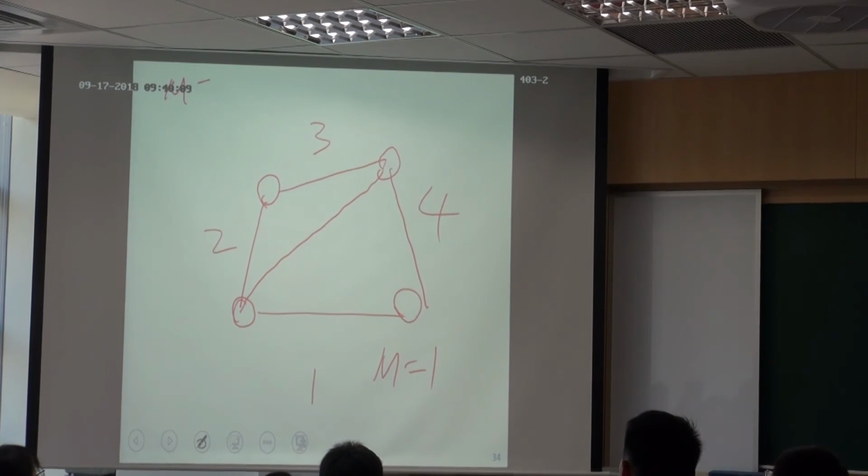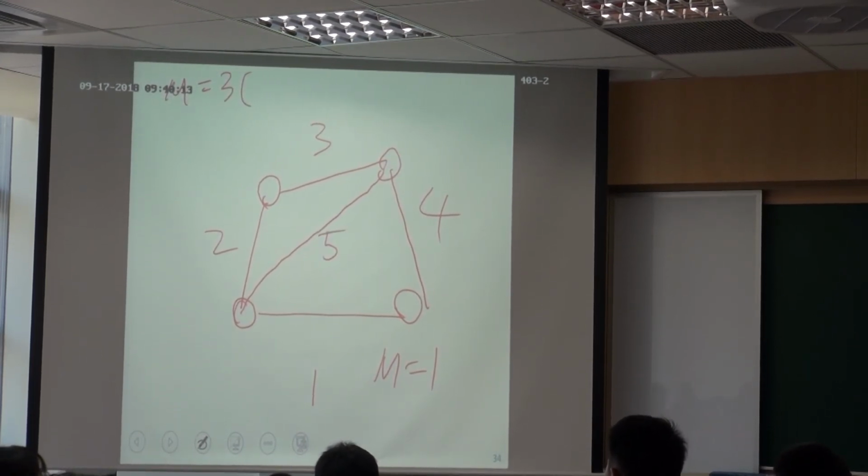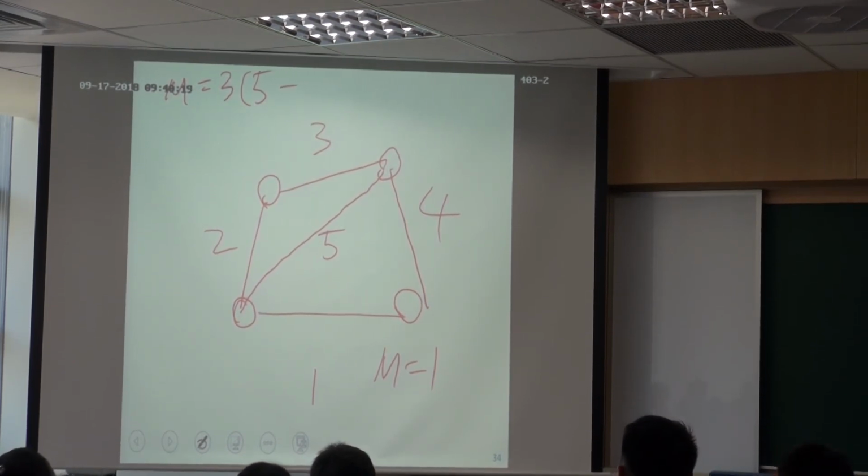M equals 3. Right now we have 5 bars here. So 5 minus, how many joints do we have here? We have 1 joint, another one, and 1 here. Because here we have 3 bars connecting to this point, there should be 2 joints here.